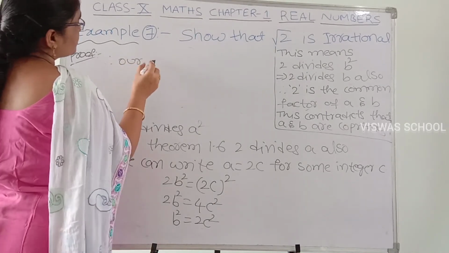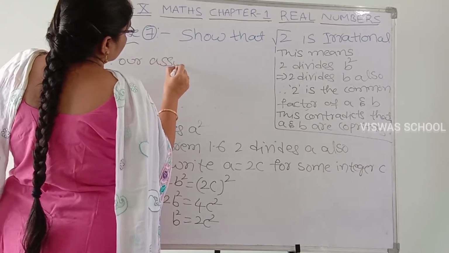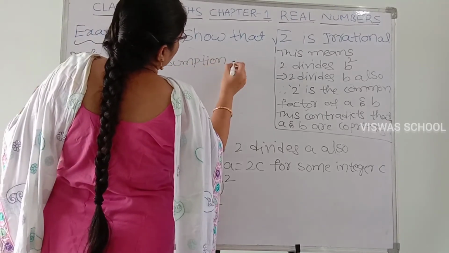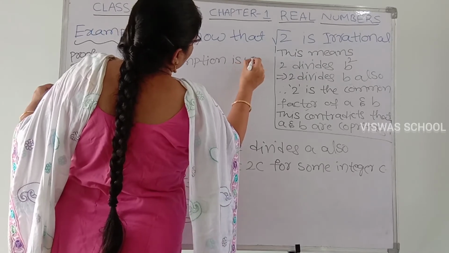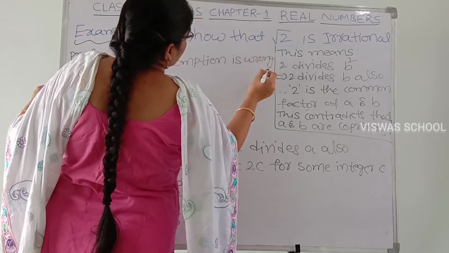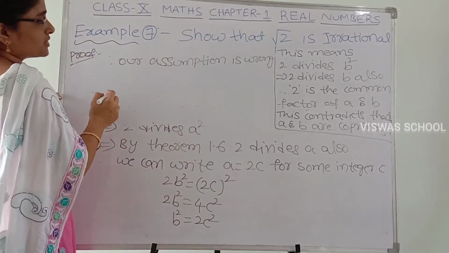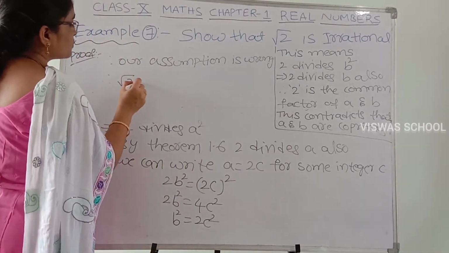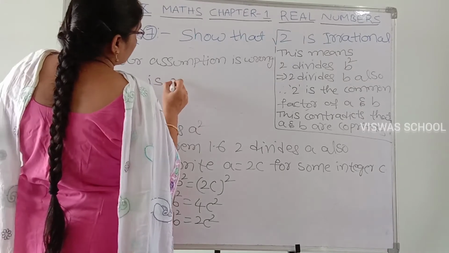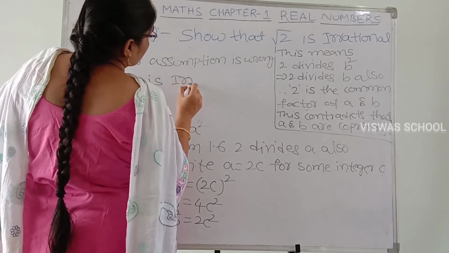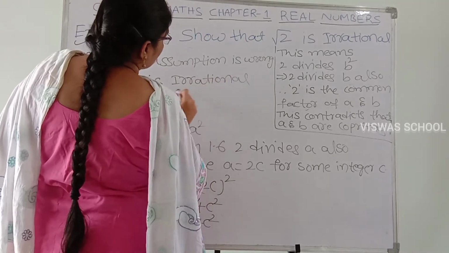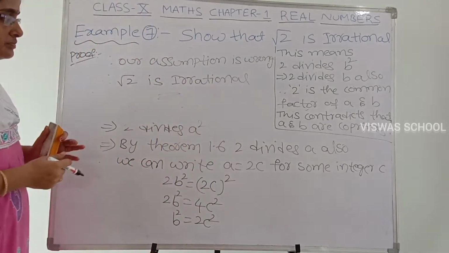Therefore our assumption is wrong. What is our assumption? Root 2 is rational. Therefore, root 2 is an irrational number. Therefore, root 2 is irrational here.